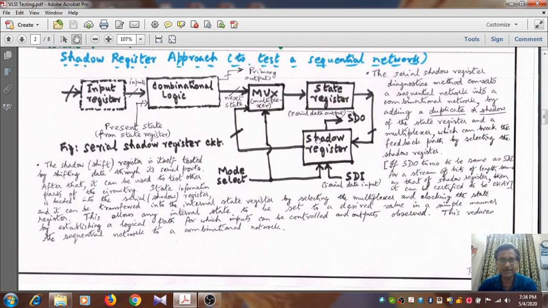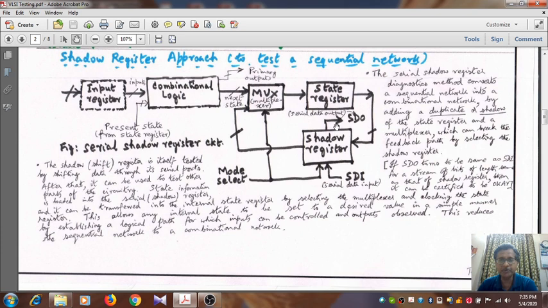First of all, how is the shadow register tested itself? There is a serial data input SDI and a serial data output SDO. Suppose this is a 10-bit register, so 2 to the power 10 possible inputs are there, all possible values. So you feed in the values one by one and check the outputs.